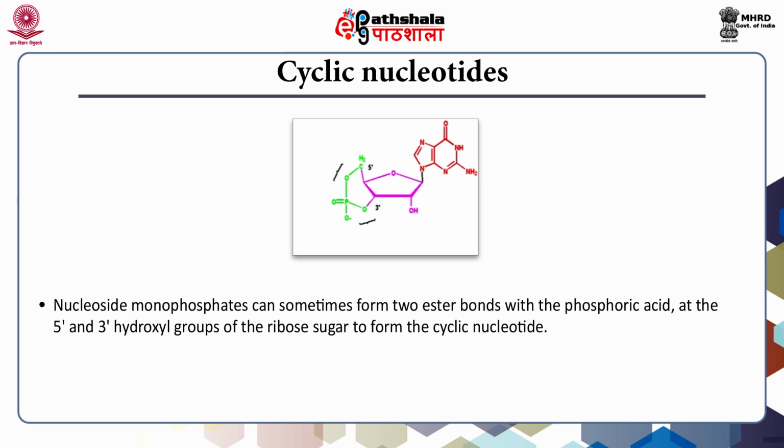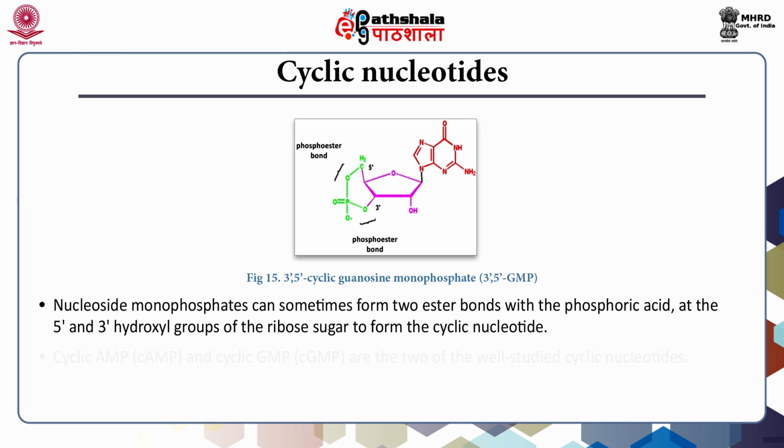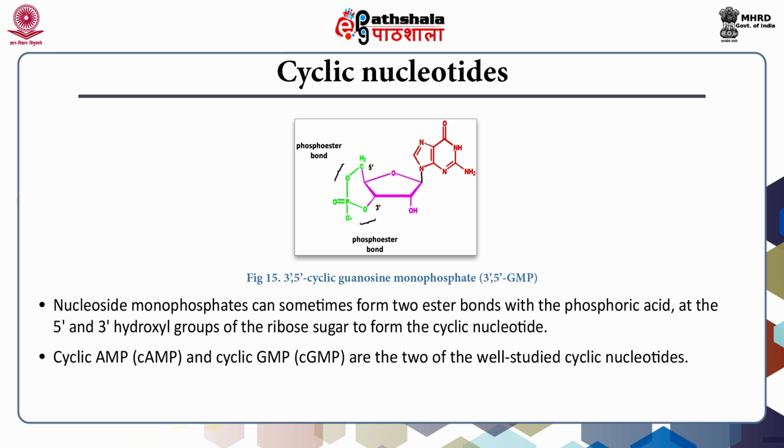Nucleoside monophosphate can sometimes form 2 ester bonds with phosphoric acid at the 5' and 3' hydroxyl groups of the ribose sugar. This therefore results in the formation of a cyclic nucleotide. These are abbreviated as cNMPs, where c stands for cyclic and N stands for the respective nucleotide.